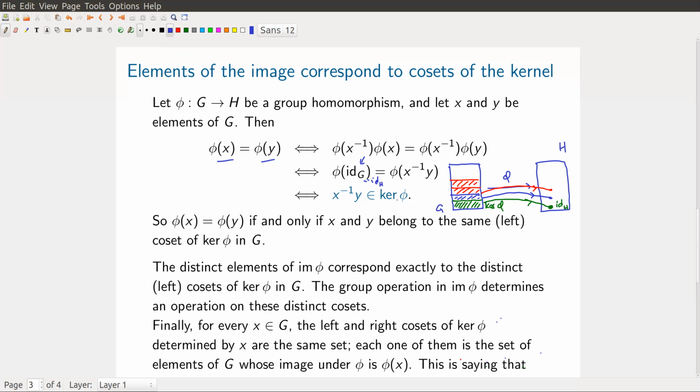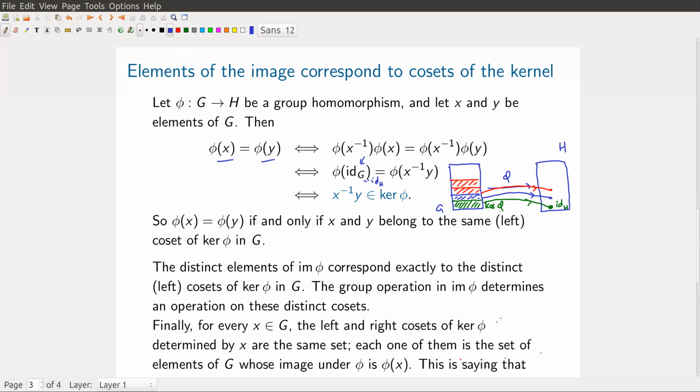X inverse y is in that subgroup of G, the kernel of phi, if and only if y is x composed on the right with something in the kernel of phi. In other words, if and only if y belongs to the left coset of the kernel of phi determined by the element x, which is saying that x and y belong to the same left coset of the kernel of phi.